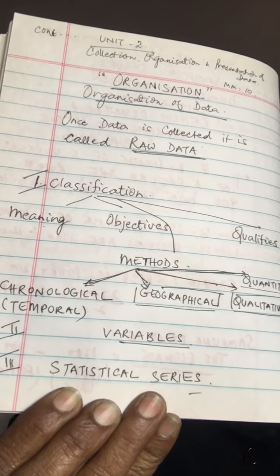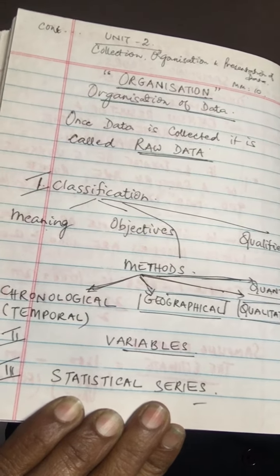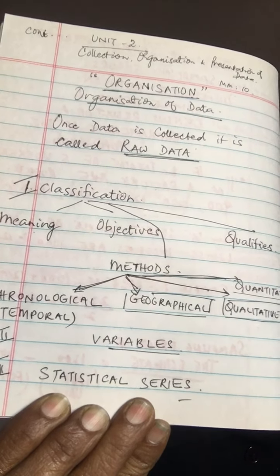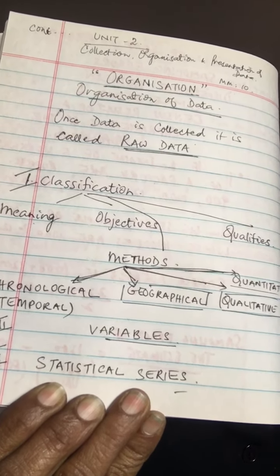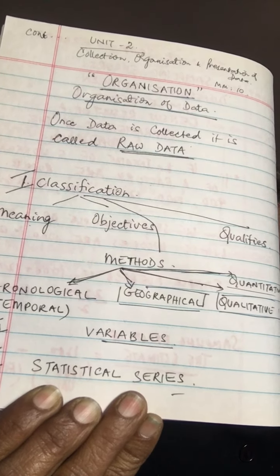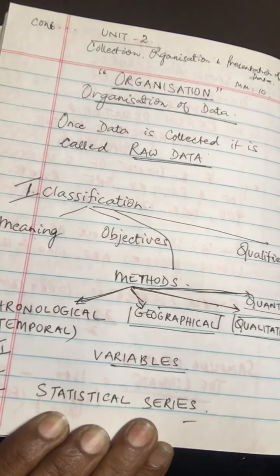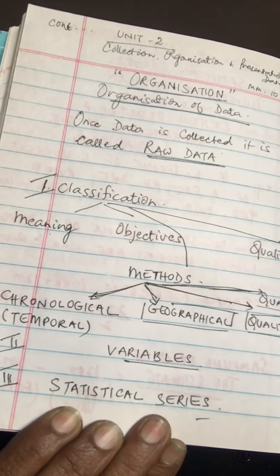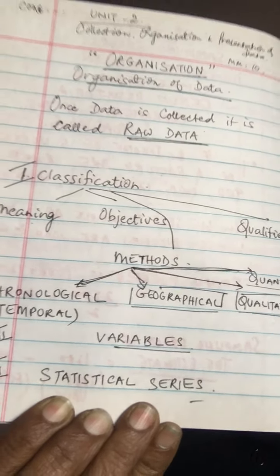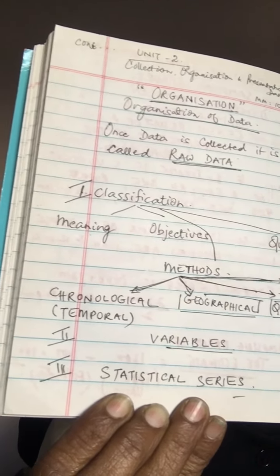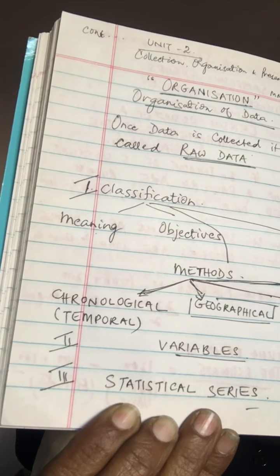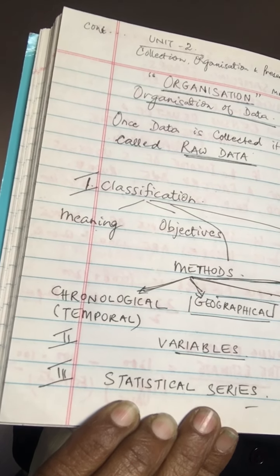Sometimes it's qualitative. Qualitative means based on the attributes. It can be high, low, male, female, literate, illiterate, etc. And quantitative classification. Quantitative simply means in numbers. Then we'll also talk about the variables and the attributes.